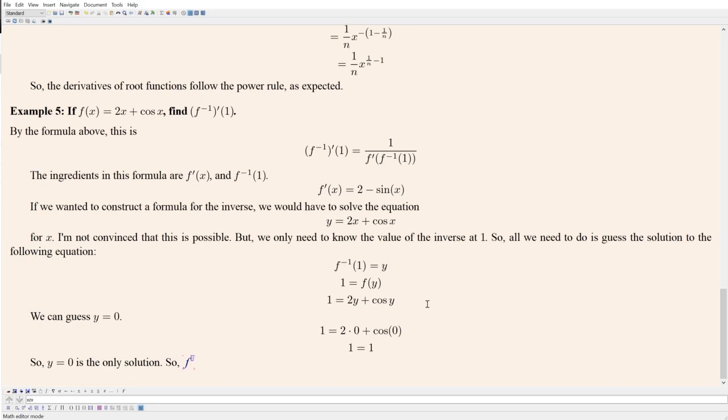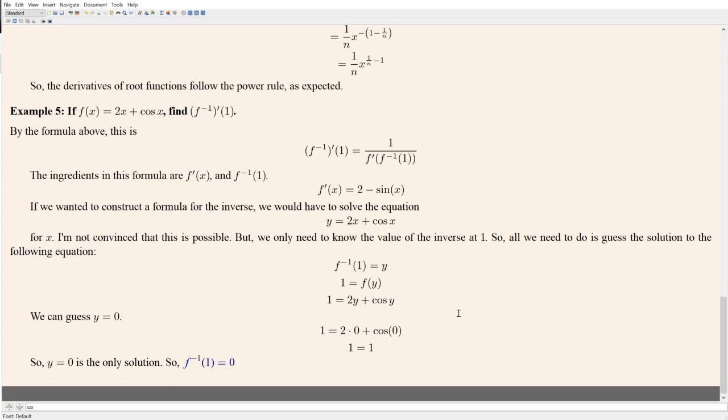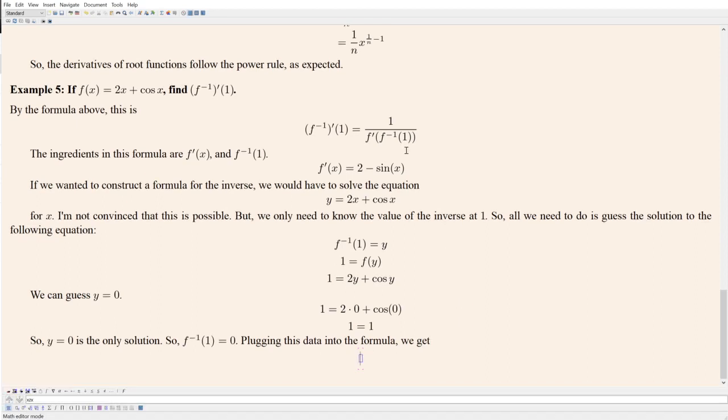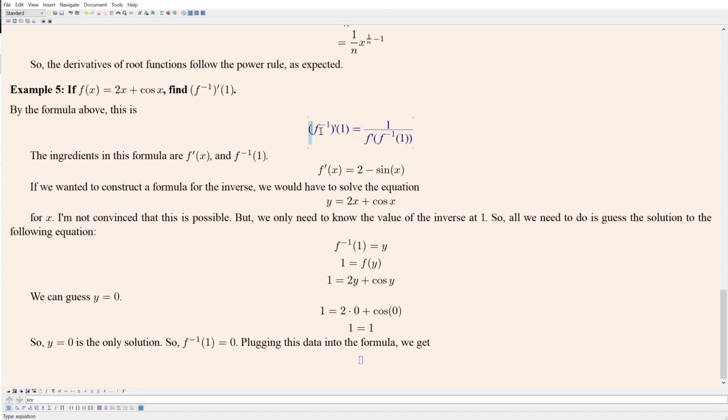So what was y again? Well, y was f inverse at 1. That's what we wanted to figure out. So now, plugging this data into the formula, we get... what formula was that? That was this.